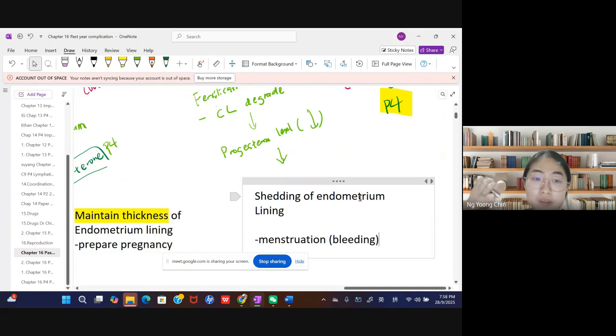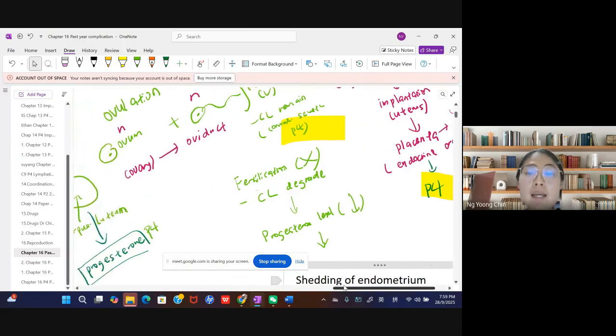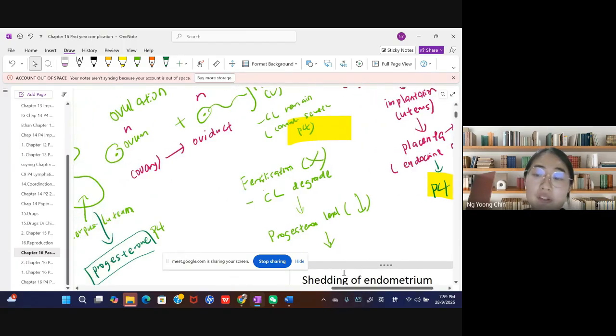The blood actually comes from the shedding of the endometrial lining. Because the progesterone level declines rapidly, the whole endometrial lining sheds off and comes out as bleeding.